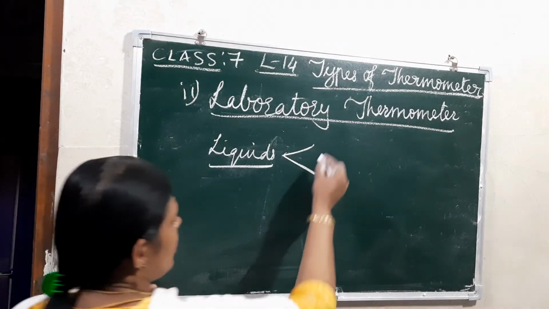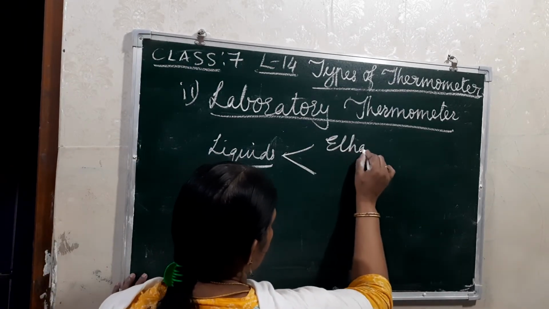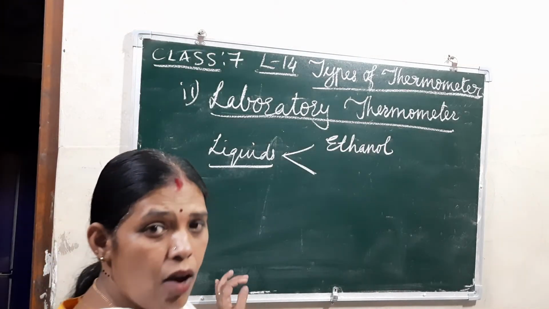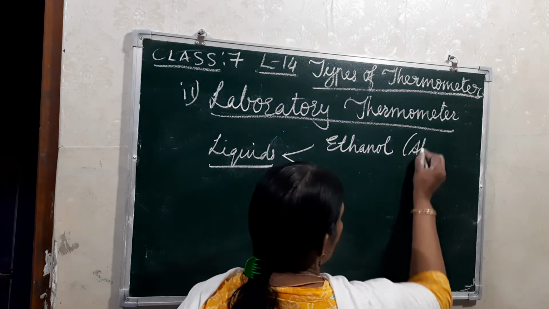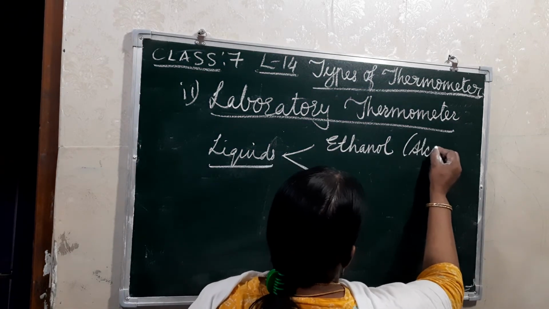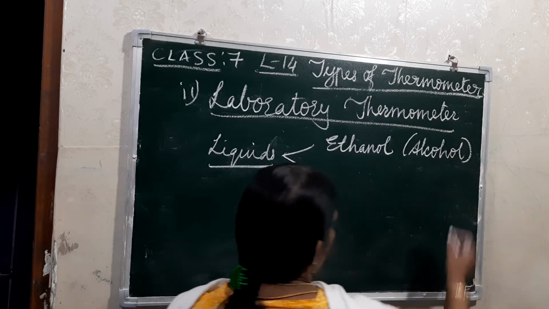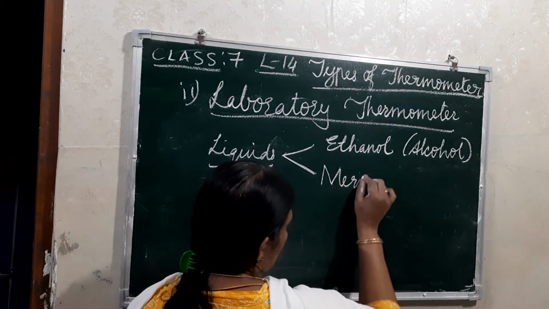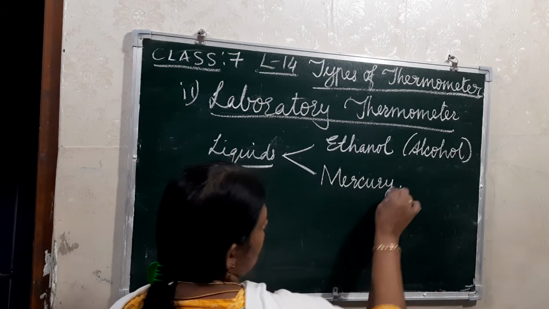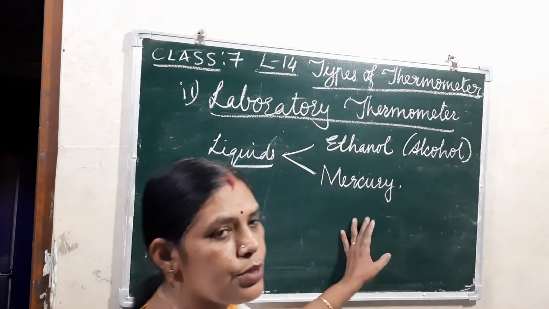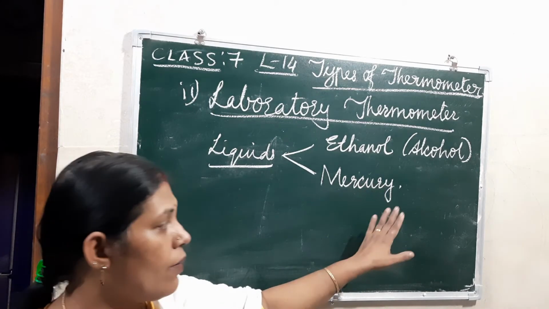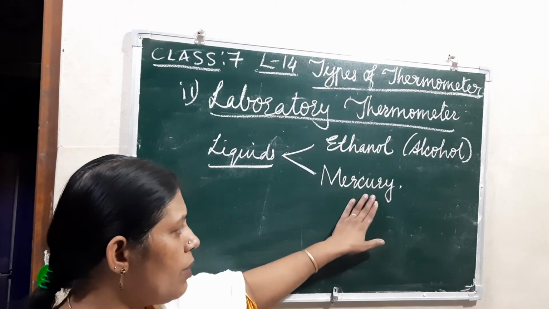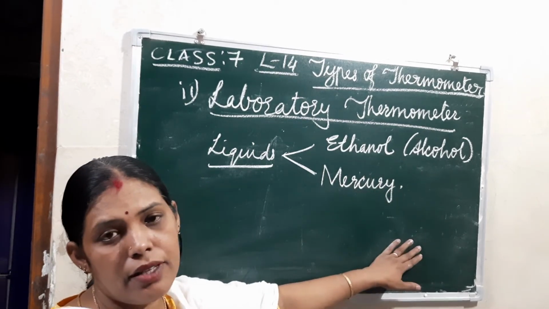That is ethanol, or ethyl alcohol, and the other one is mercury. Why are both used? Because of the ranges between the boiling point and the freezing point.